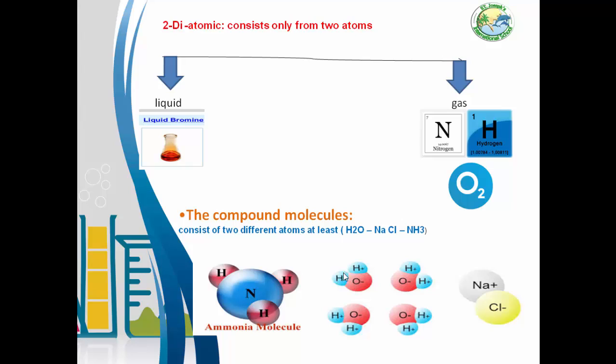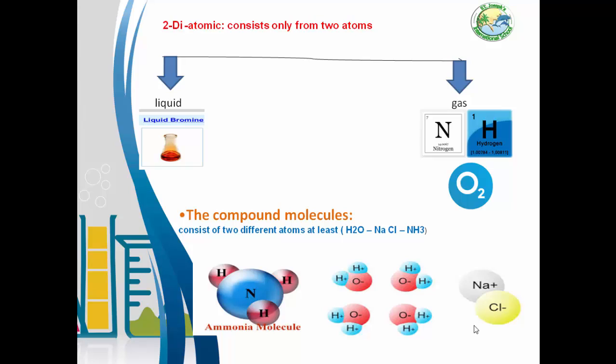Water consists of one oxygen atom and two hydrogen atoms. Sodium chloride, or table salt, consists of one sodium atom and one chlorine atom. So elements consist of similar atoms, while compounds consist of different atoms.